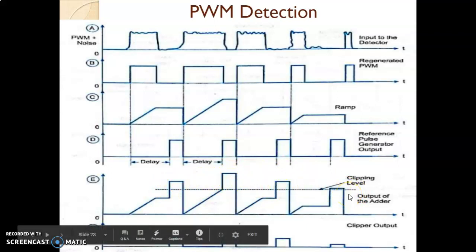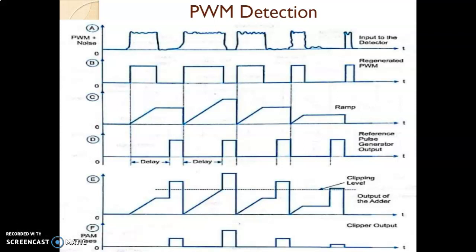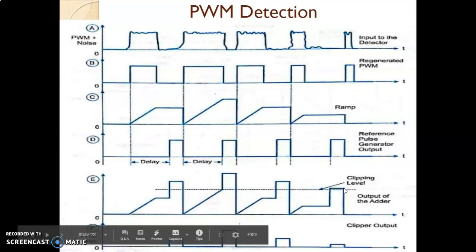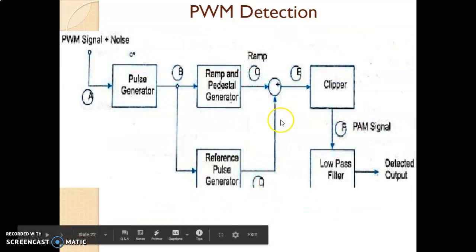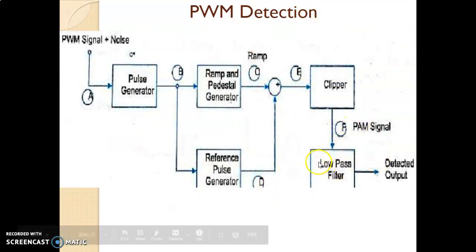So what is the principle of PWM detection? It is similar to that of FM. What did we do in FM? We converted FM to AM, and then the AM signal was detected by a low pass filter and a diode detector. Similar to that, in PWM also, the PWM signal is converted to a PAM signal with the help of this particular block diagram, and then the PAM signal is detected by a low pass filter.